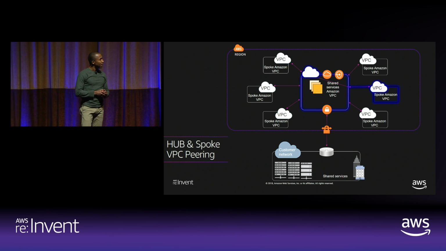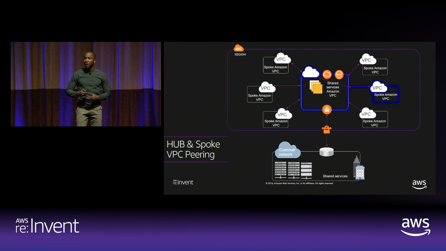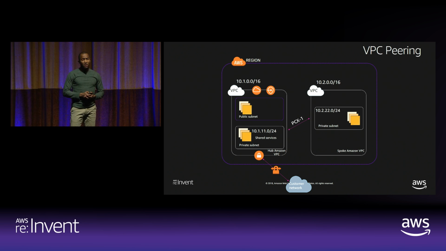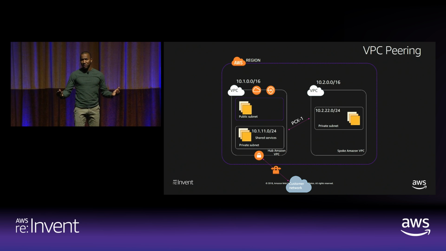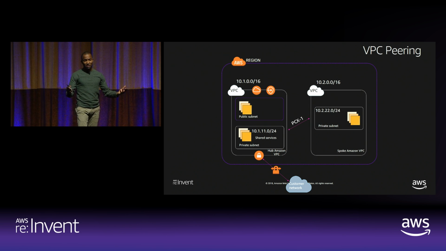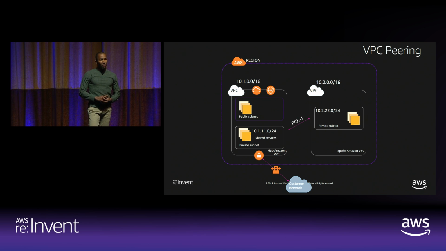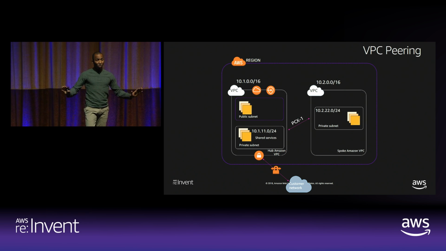The problem with this design that you'll quickly realize is that there's a limit on the number of peered connections that you can create. Not only that, the first thing you realize is once you peer 2 VPCs, you've basically joined 2 networks, and they become one, which means that you can basically route traffic to all subnets that exist within each VPC, which creates the scenario of, OK, so now I have one massive network.